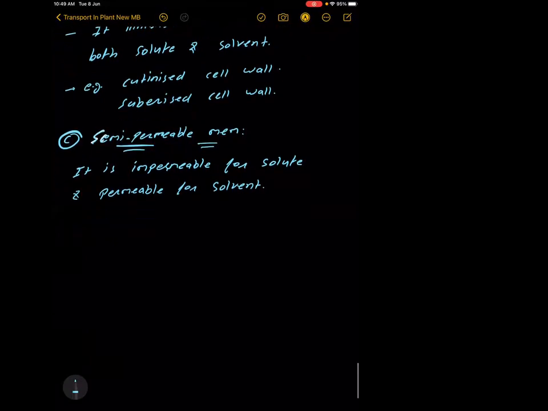Examples of semi-permeable membrane are parchment paper and goat's bladder.